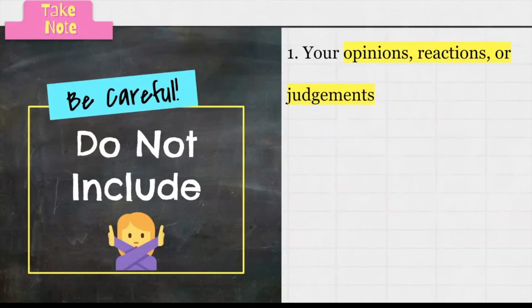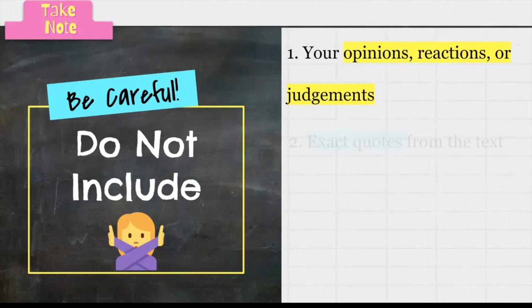That's your opinion, and that should not be in an objective summary. If you would fall on a sword for candy corn because you think it's amazing, awesome, but don't include it in your objective summary. Your objective summary should not include opinions, reactions, or any types of judgment about what you have read.